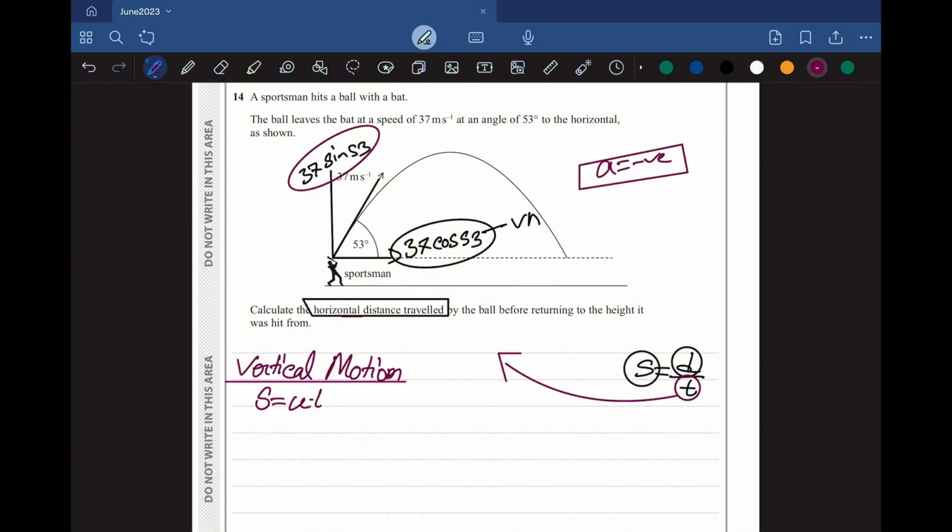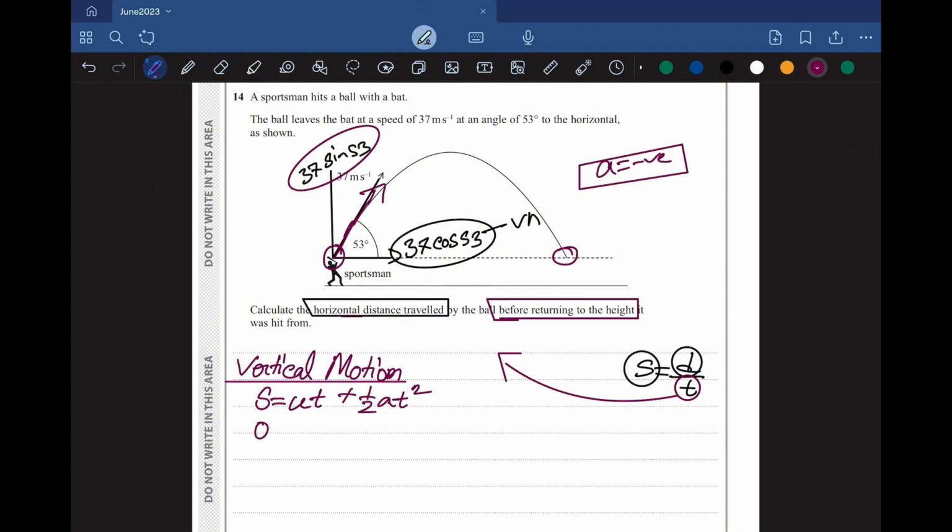s is equal to ut plus half at squared, right? We know our displacement is going to be 0 because the ball has come back to the same height from which it was released. They have said returning to the same height.